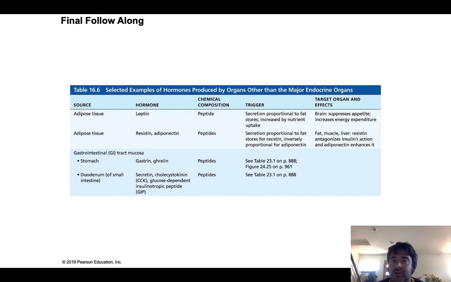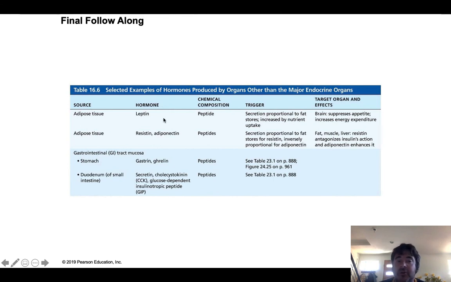Some of these we're going to talk about when we get into, for example, the digestive system, at a later point. But I am going to highlight just a couple that I think are important.